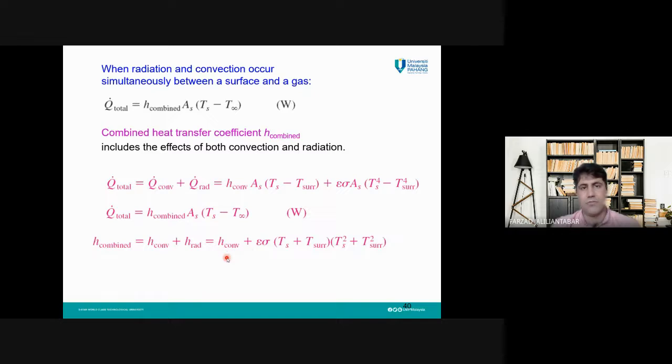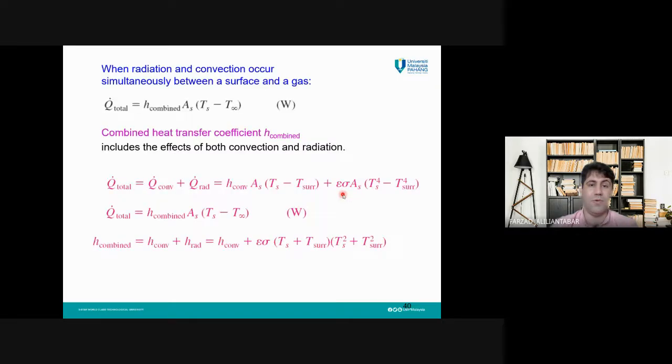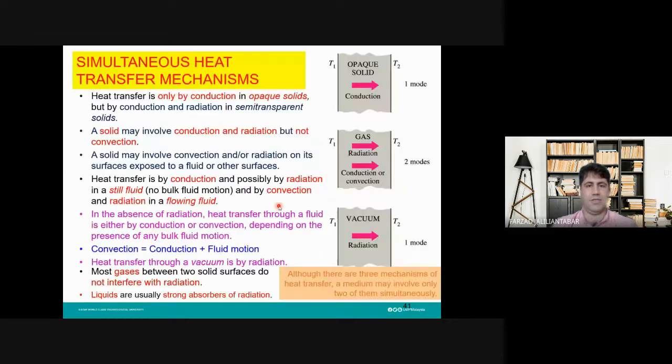H convection maybe sometimes is a question which you can calculate, or it is given. Then simply you can calculate H combined to put in our equation and use this equation to calculate heat transfer in this situation, which we have forced convection, for example, or in the question it is mentioned we cannot ignore convection heat transfer. I hope it is clear for you.